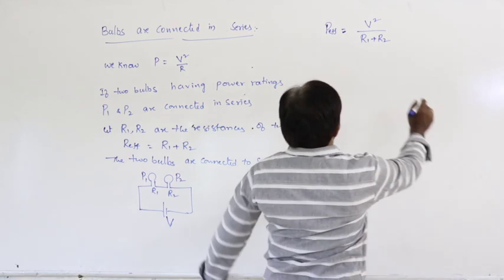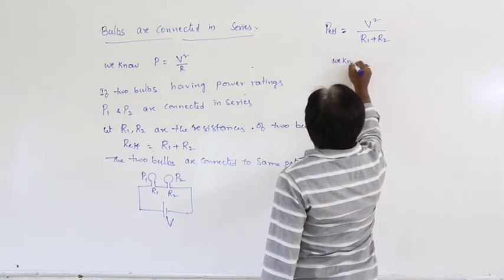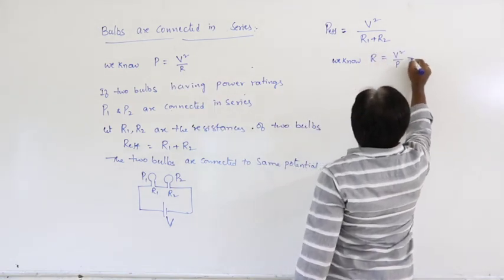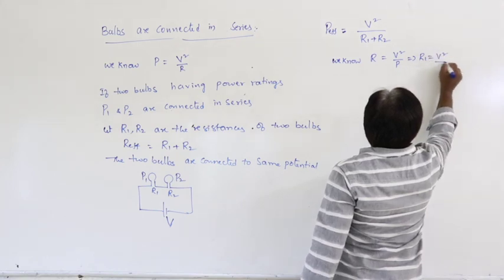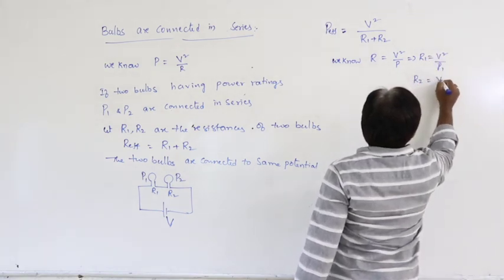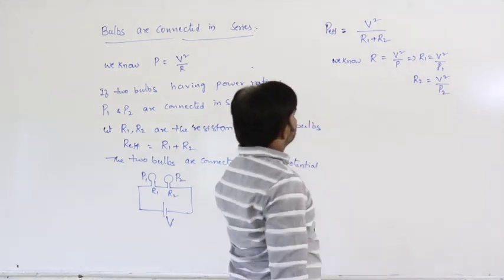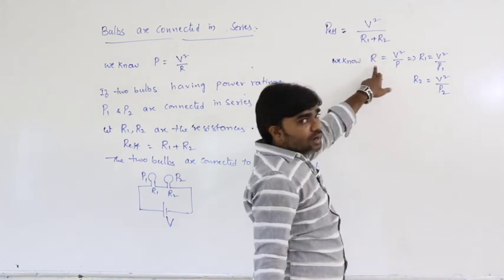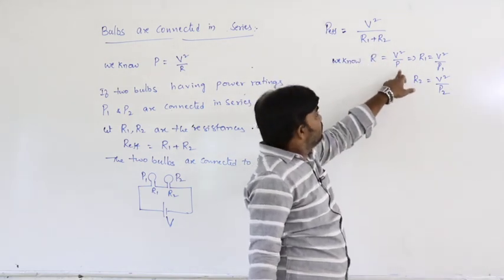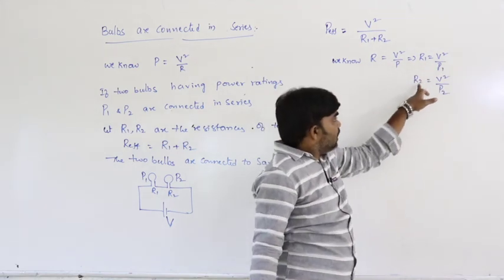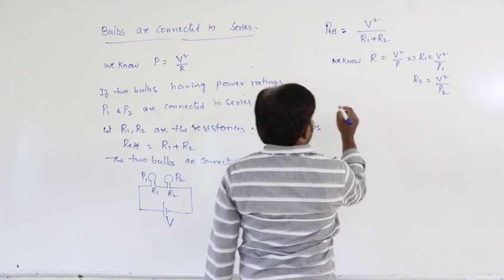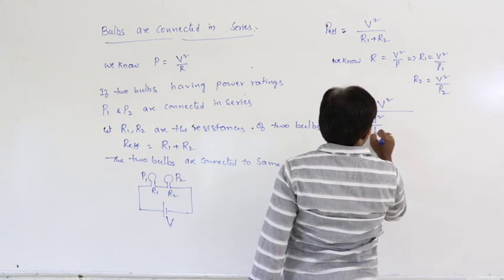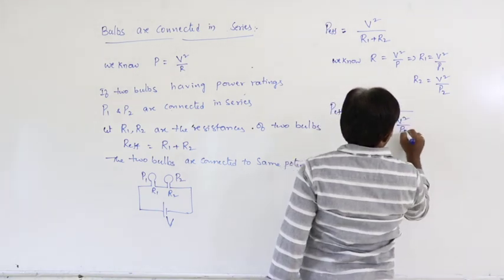So now in this situation we know P is equals to V square by R, then R can be written as V square by P. That means R1 can be written as V square by P1, R2 can be written as V square by P2. So P effective is equals to V square by R1 plus R2, which is V square by P1 plus V square by P2.